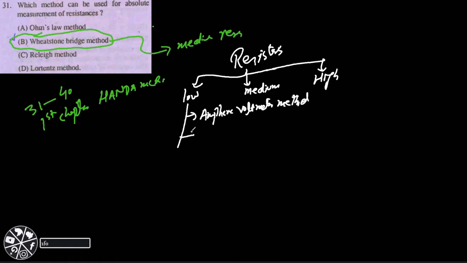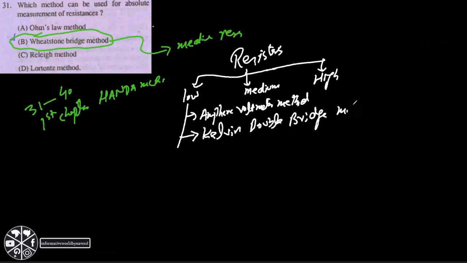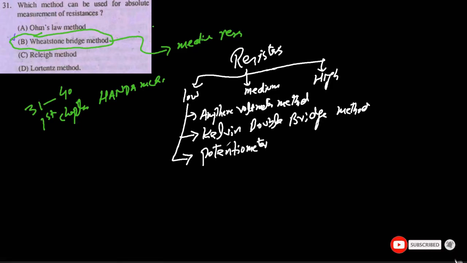Low resistance can be measured by using the Kelvin double bridge method. Low resistance can be measured by using a potentiometer. Low resistance value can be measured by using an inductor ohm meter.